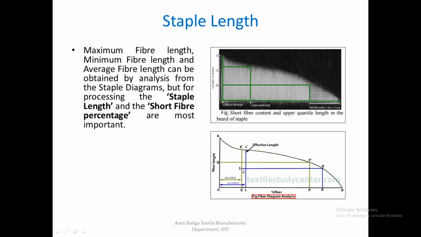Again take half of this, draw this horizontal line, draw this vertical line, and then take 1/4 of OR, which is shown over here. Take 1/4 of OR and draw this particular line, which is L dash. And this would be our effective length.